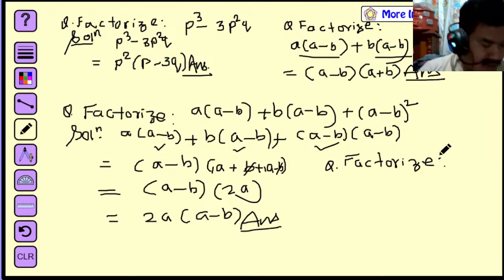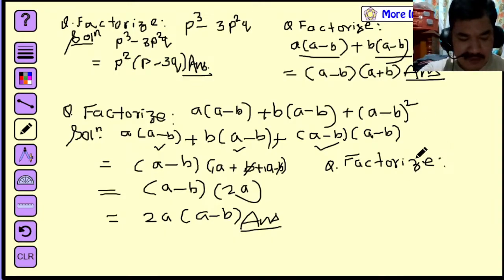In this factorization, suppose the given question is like this, what will you do?